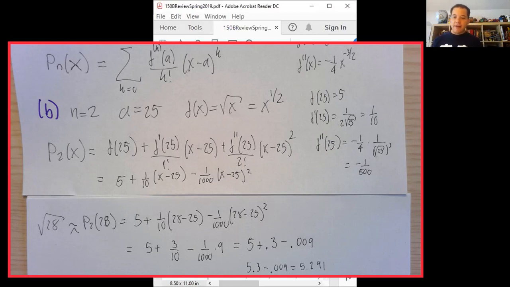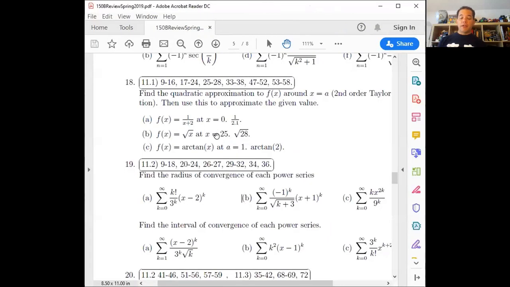Okay, so that's a sample of this first problem, 18. The others are similar, and if you think about it, these problems also help you for Taylor series, right? Which is where you don't stop at 2, but you keep going all the way to infinity.